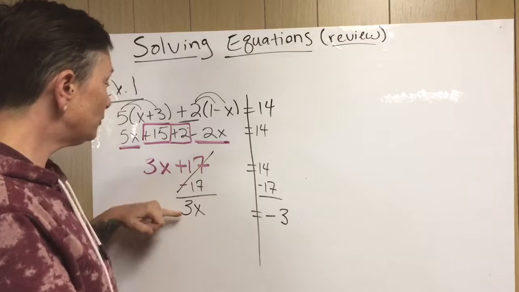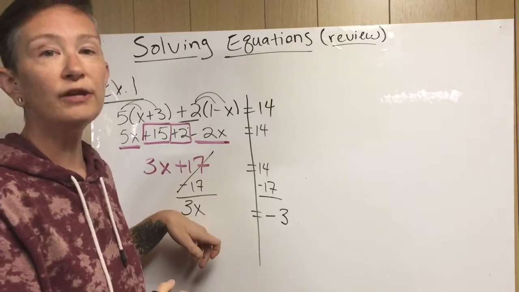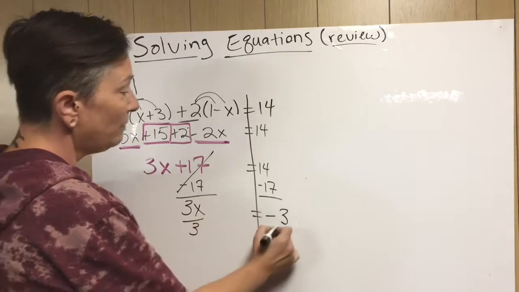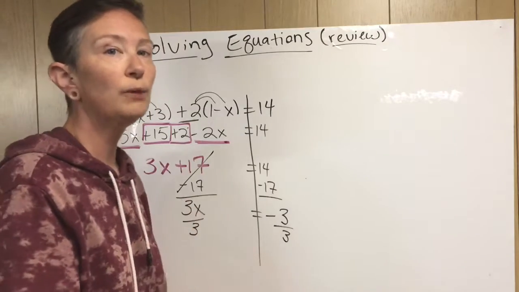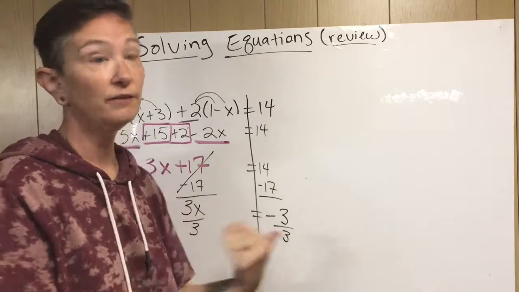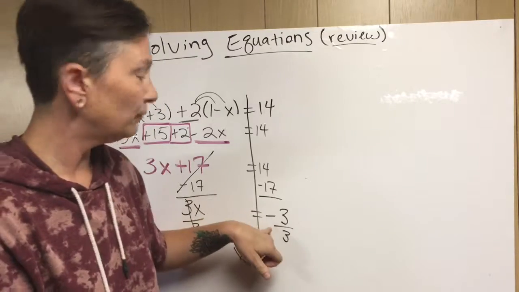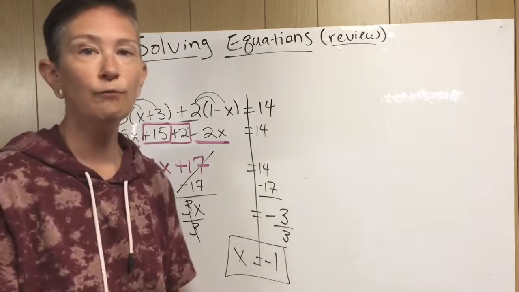Now my last step is to eliminate this 3, and by doing so, that'll leave me the desired x by itself. So I can divide by 3 on both sides, because 3x means 3 multiplied by x, so the opposite of multiply is divide. This leaves me a solution of negative 3 divided by 3, solution of negative 1.